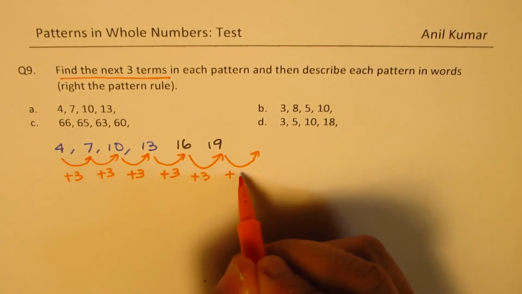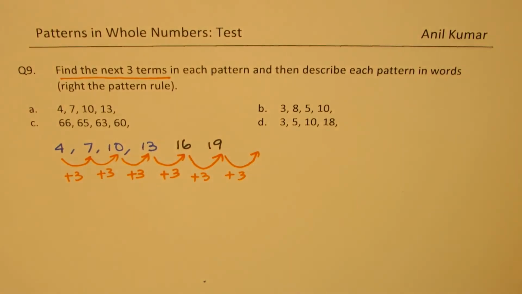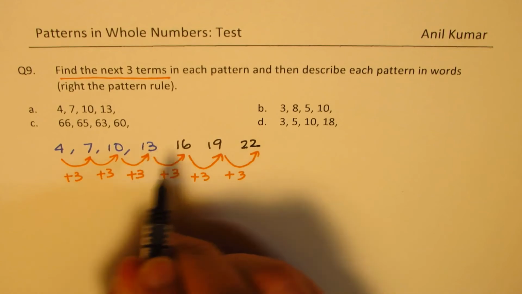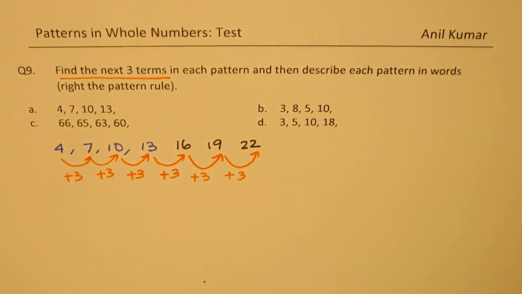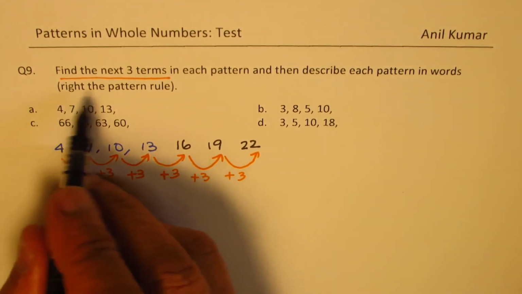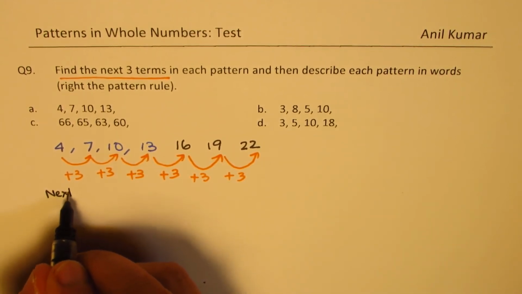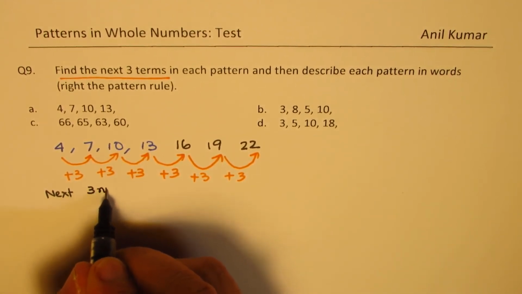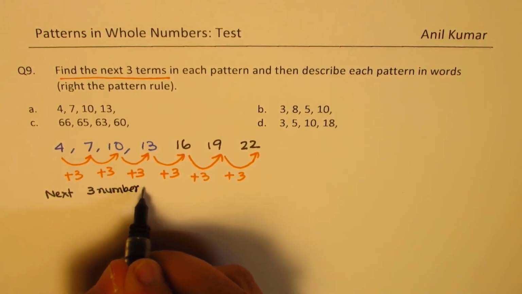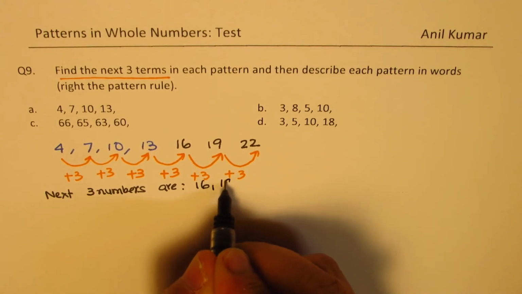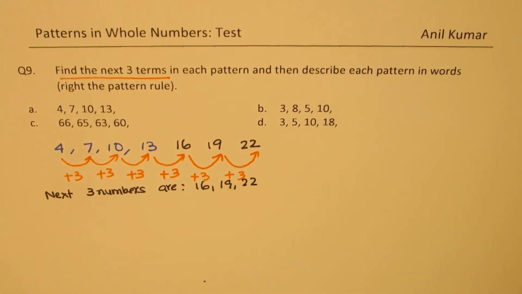So that is the process, adding 3 each time to get the next number. So we get 22. Do you see? So that is the first part, which says the next three numbers, right? So the next three numbers are as shown 16, 19, and 22.